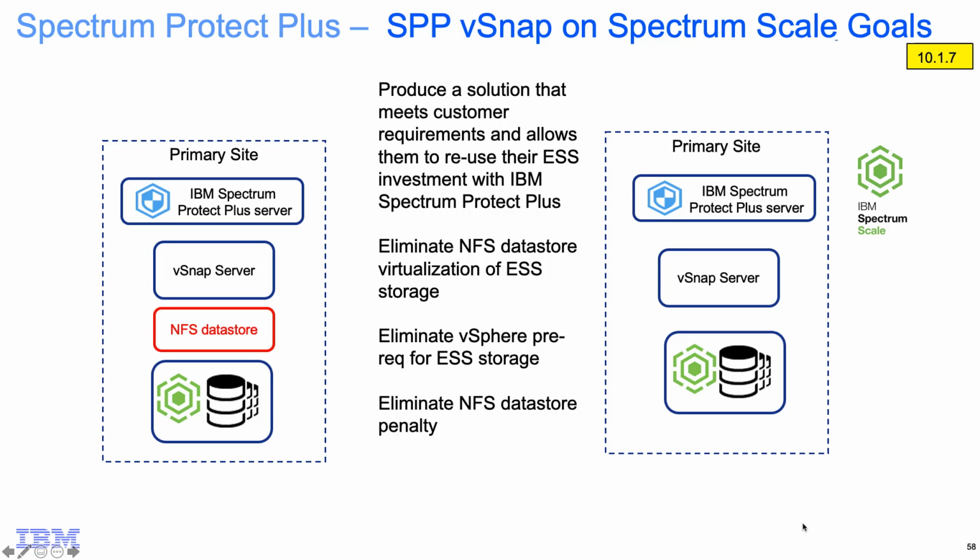And in many ways, that was not an optimum solution because of the overhead required to present the storage in that way. So beginning with version 10.1.7, we are now going to support running Spectrum Protect Plus with Spectrum Scale and allow the storage to be presented directly to the vSnap server.